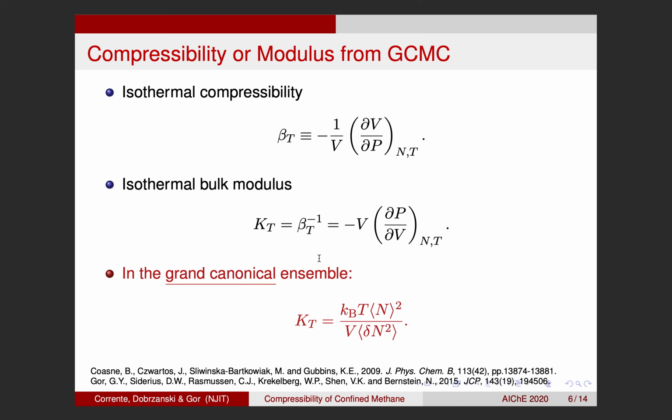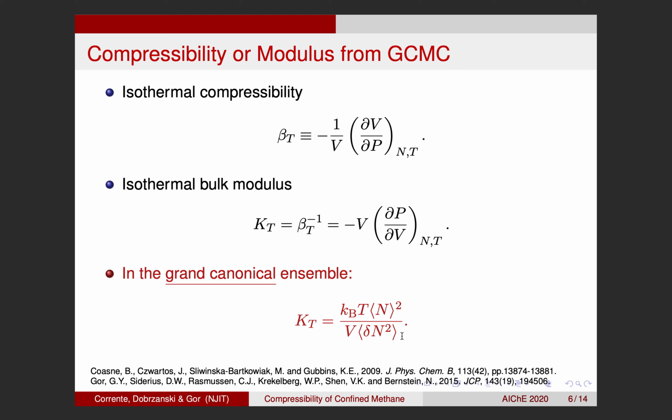If we consider a system in the grand canonical ensemble, so with fixed chemical potential, but the system is able to exchange particles with an external reservoir, the compressibility or the bulk modulus can be expressed with this simple equation, where the modulus is calculated from the fluctuation of the number of particles in the system.